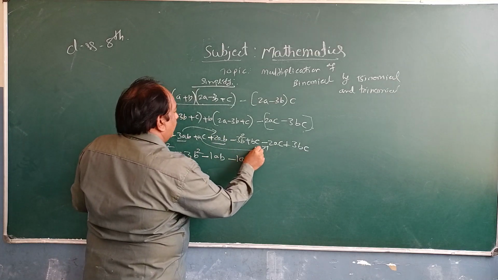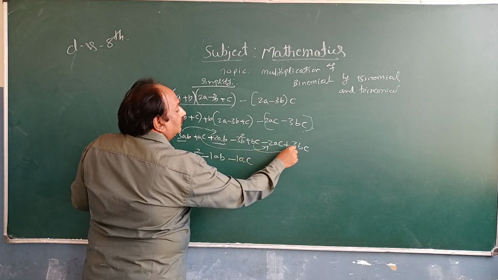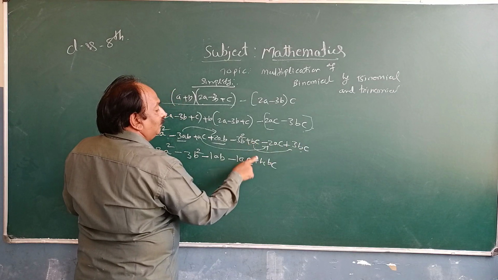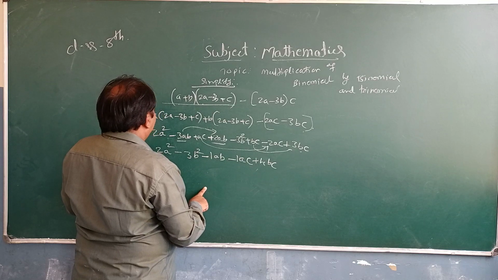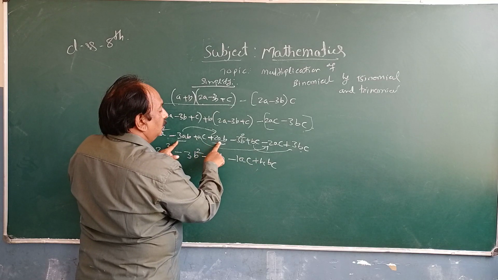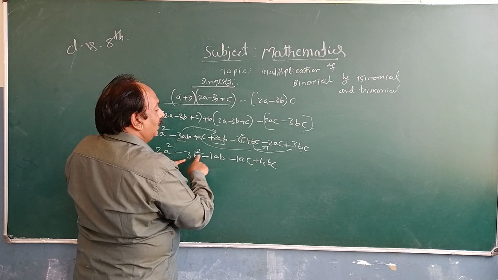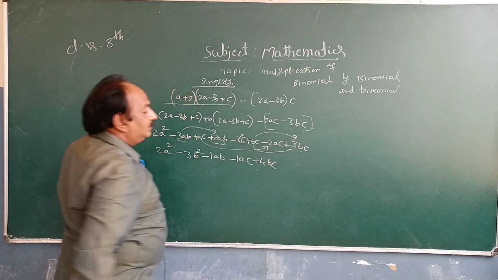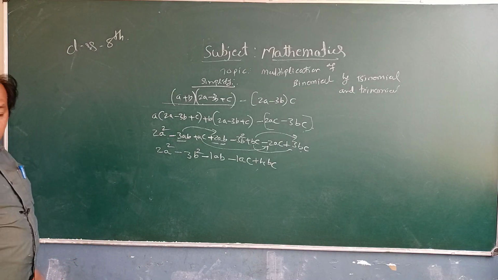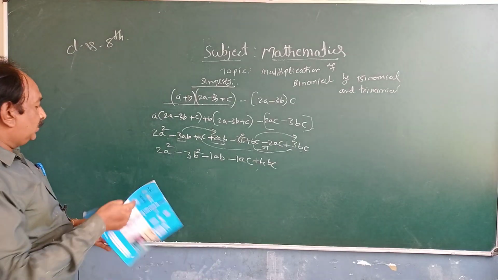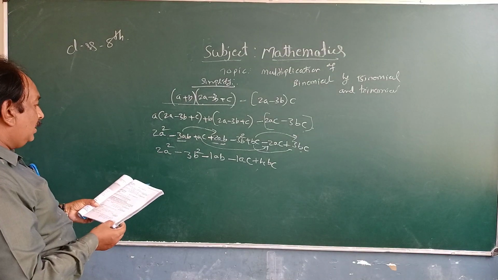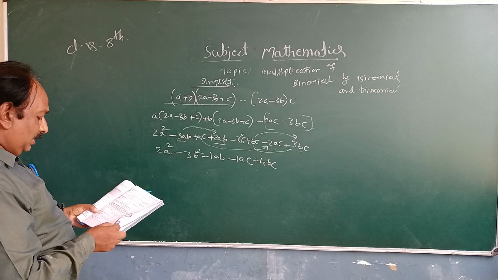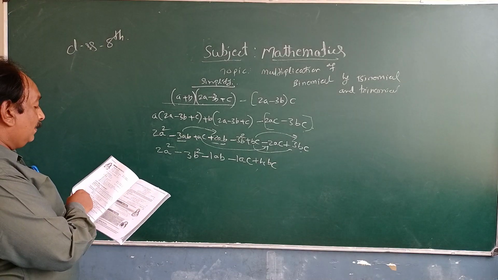Next, bc plus 3bc plus bc, 4bc. 3bc plus 1bc is 4bc. Any left over? This one and this one. 3bc is also already written. 2ac and ac are over. So like this, multiply and simplify. Check the answer: 2a square minus 3b square minus 1ab plus 4bc minus 1ac.